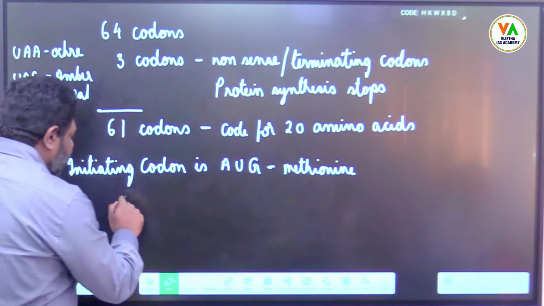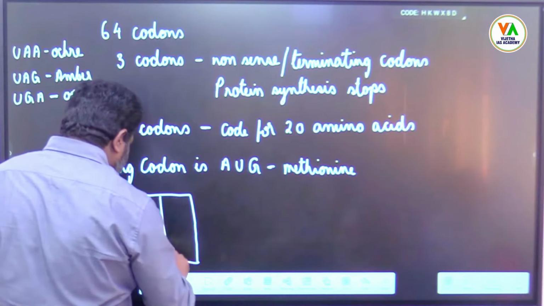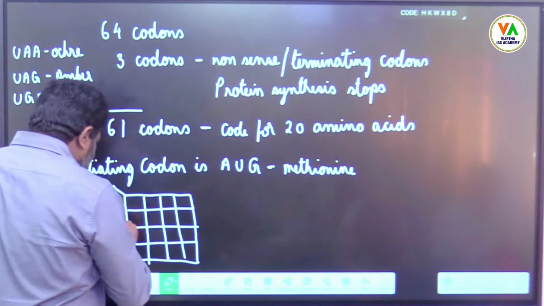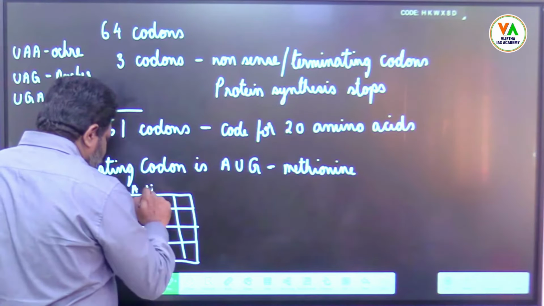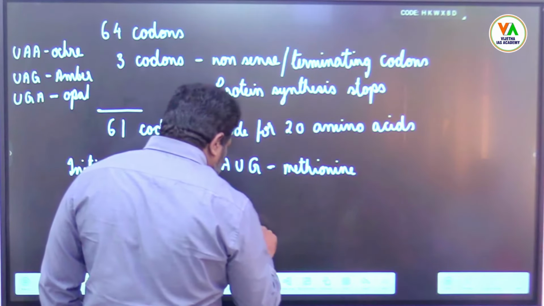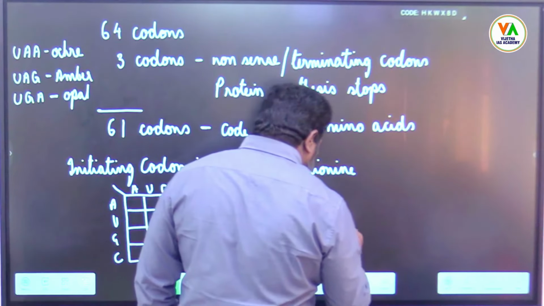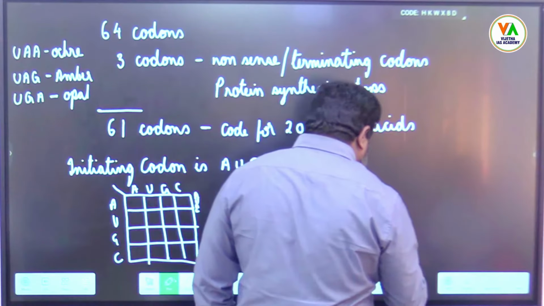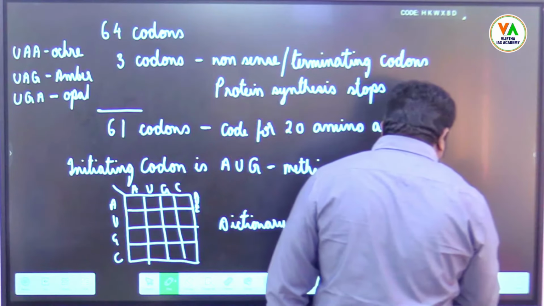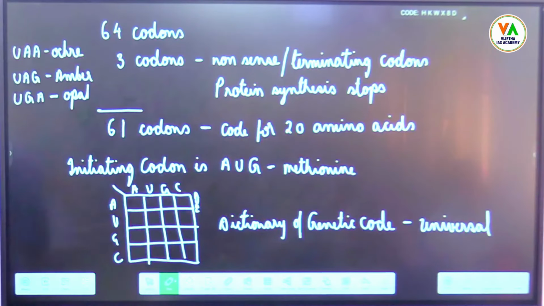Yesterday you have drawn this, this is known as the Dictionary of Genetic Code, which is universal.